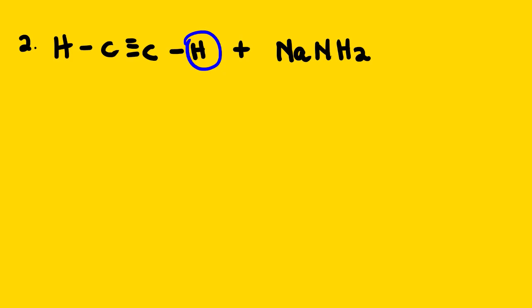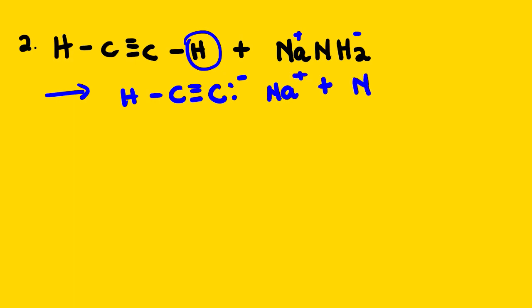So it doesn't really matter which one we consider as our first carbon having the acetylenic proton. So we have our base here. So the product will definitely be our alkynide ion plus NH3.